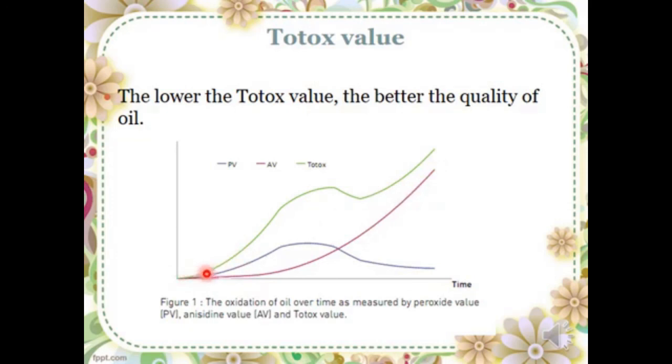So if the PV is high, AV also would increase. So when PV is high, AV increases, the Totox value would be high also. So that's why low Totox value means better quality, because if these two are high, it means high aldehyde compound, which leads to rancidity.